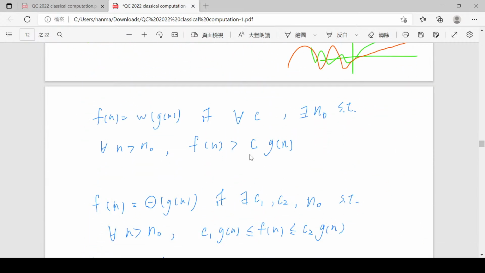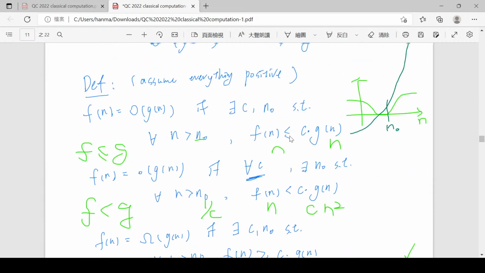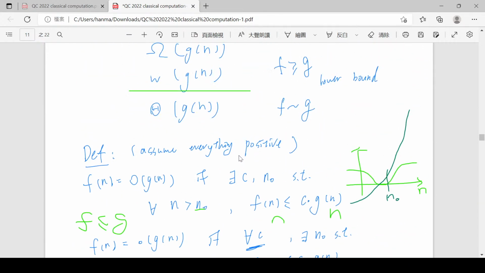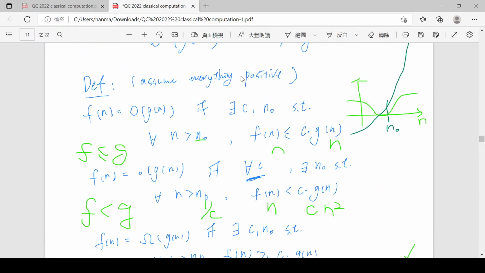And something we forgot to say. And here, for simplicity, we assume every function and the constant, etc., are positive. Yeah, so we should probably cut off this and this. And if the things are not positive, then I think you should add absolute value.